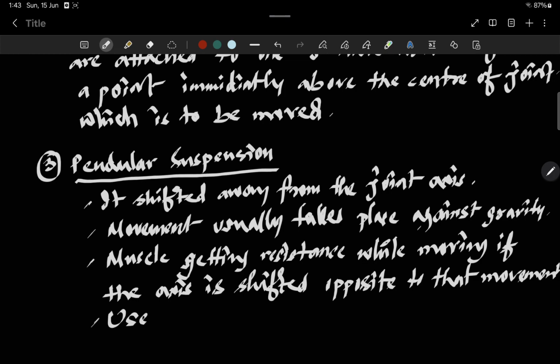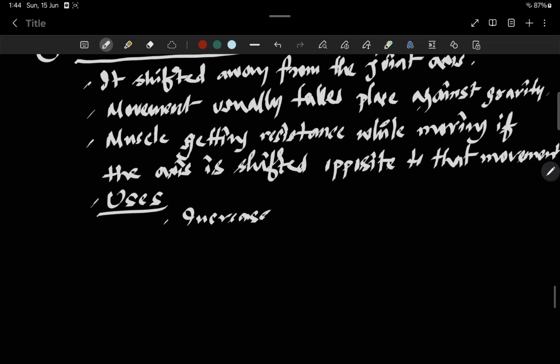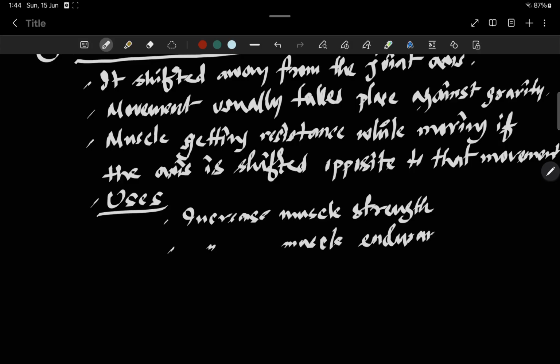Next uses are to increase muscle strength and increase muscle endurance.